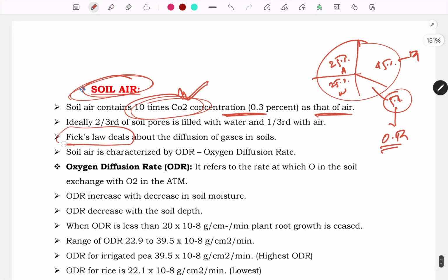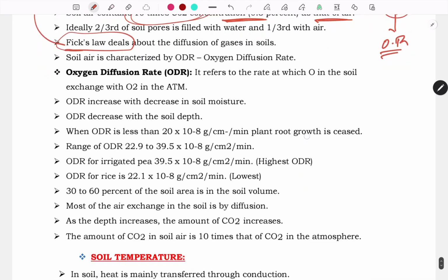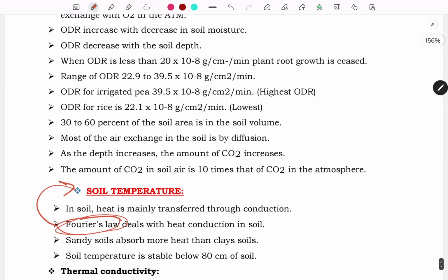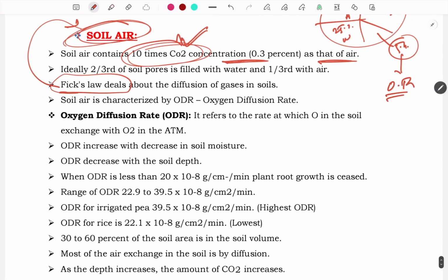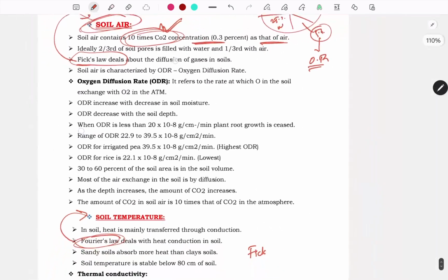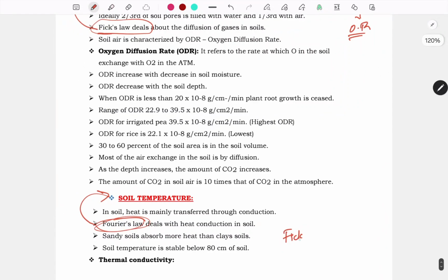You remember this law, Fick's law, related to soil air, and there is one more law, that is Fourier's law, that is related to soil temperature. Do not go deep into these laws. Fick's law is related to soil air.